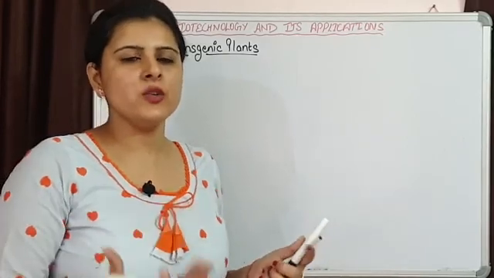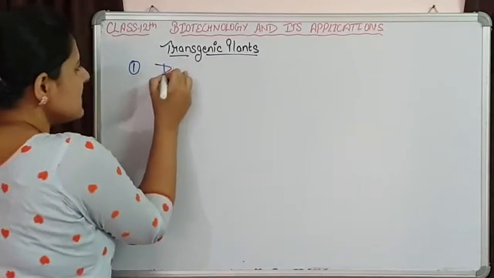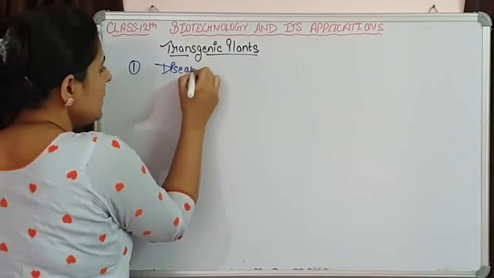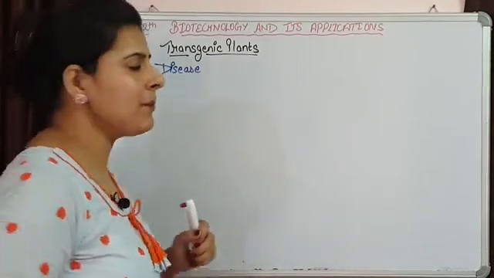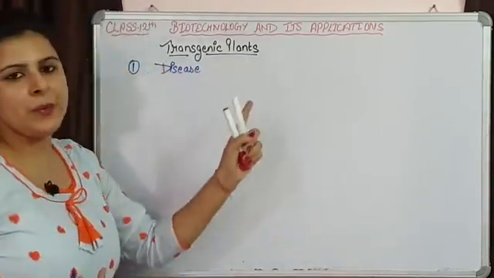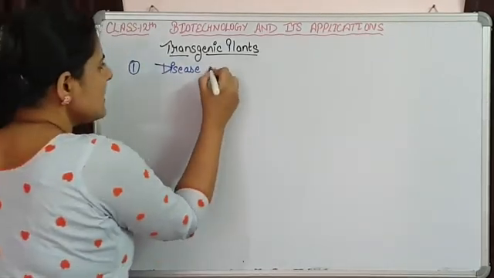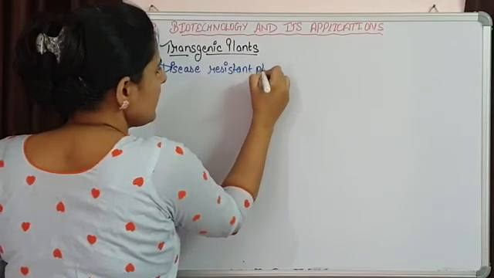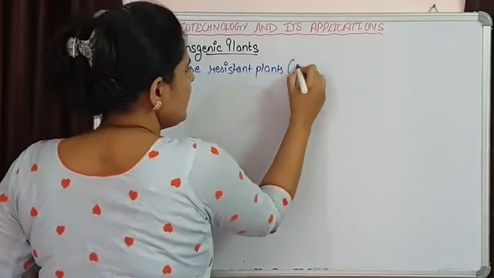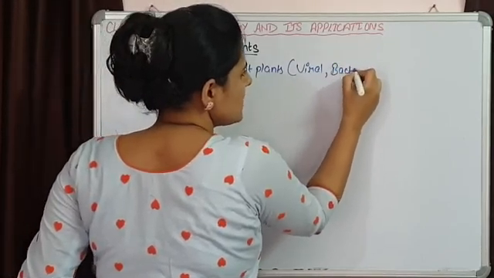So, we can introduce certain genes which can make these plants disease resistant. We will see, when we discuss in detail the different transgenic plants with their examples, how they have been made resistant to different types of diseases. So, disease resistant plants, they can be for viral, bacterial or fungal diseases.